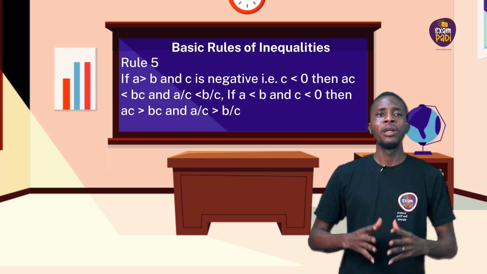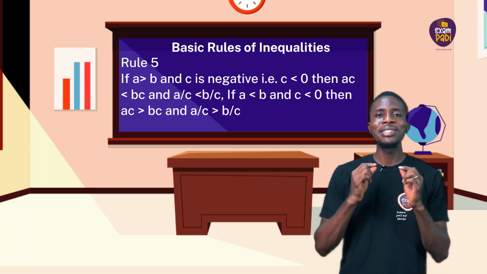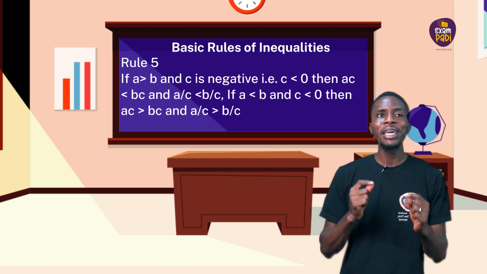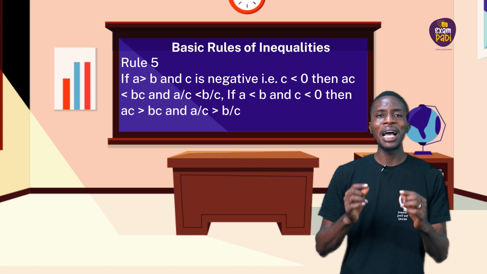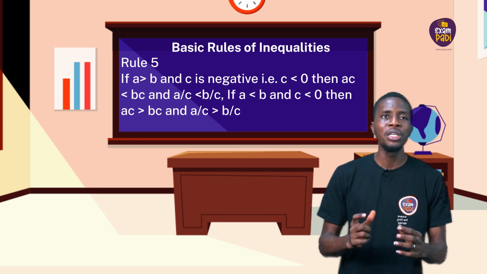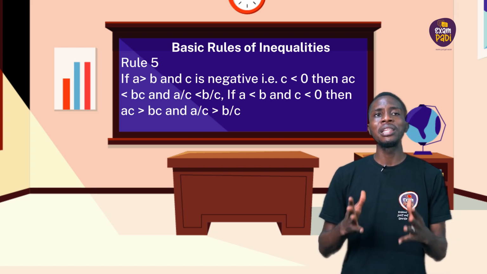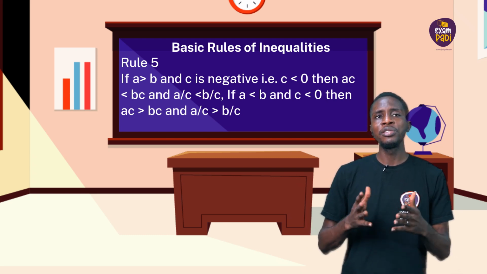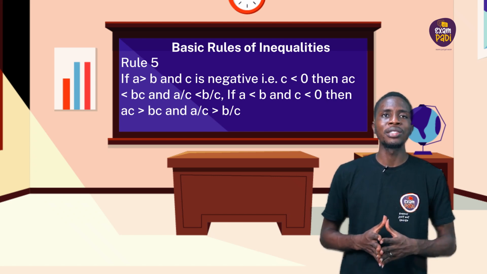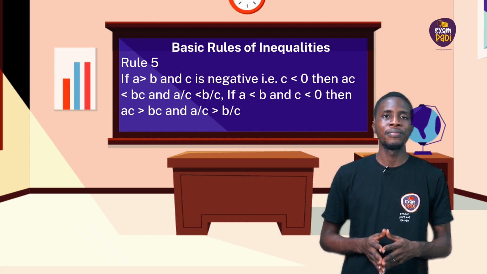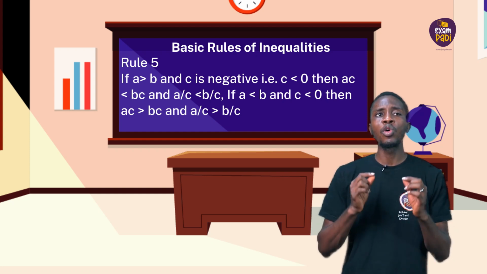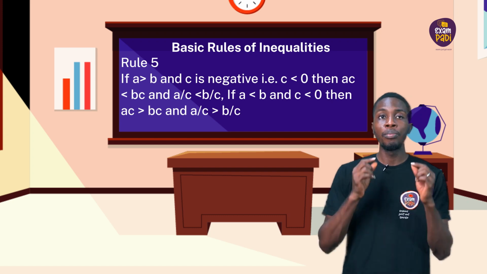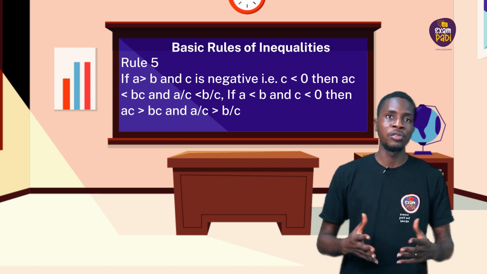Rule number 5. If A is greater than B and C is negative, that is, C is less than 0, then AC is less than BC and A over C is less than B over C. If A is less than B and C is less than 0, then AC is greater than BC and A over C is greater than B over C. Note, both sides of an inequality can be multiplied or divided by a negative number, but the sign of the inequality is reversed.